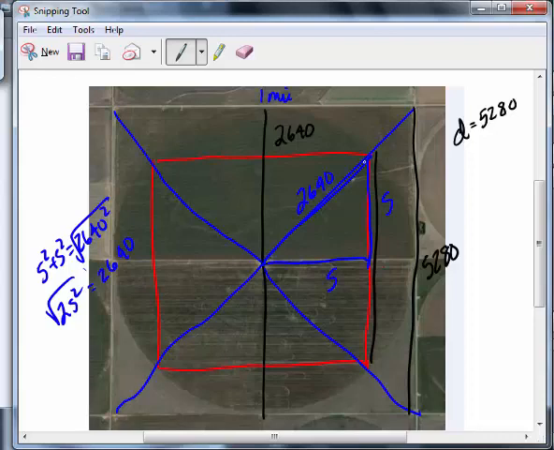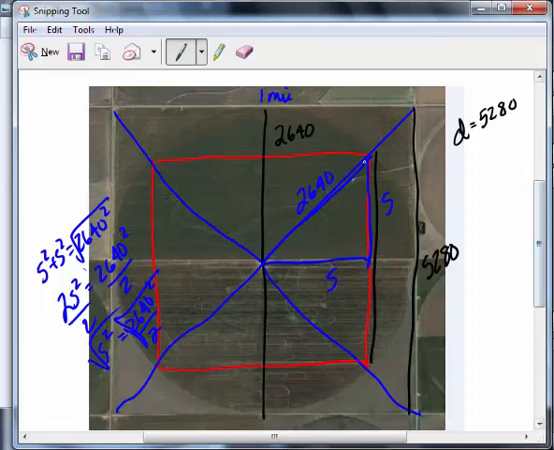Tell you what, let's do it the other way. 2S squared equals 2640 squared. Divide both sides by 2. We have S squared is 2640 squared divided by 2. And then we can take the square root of both sides.